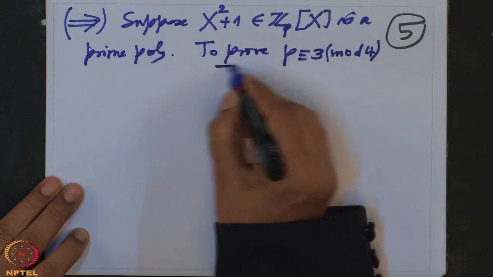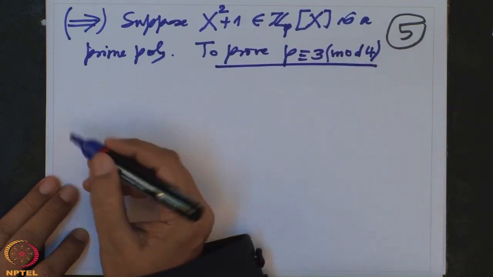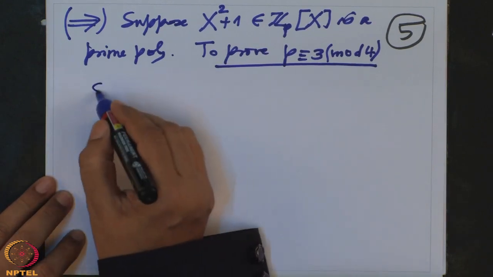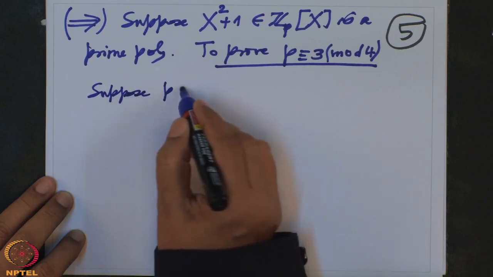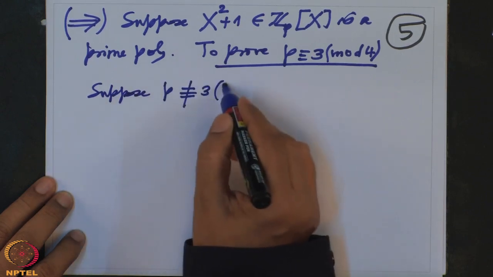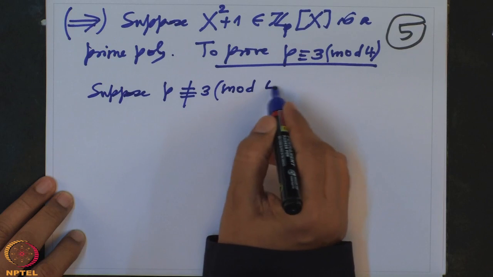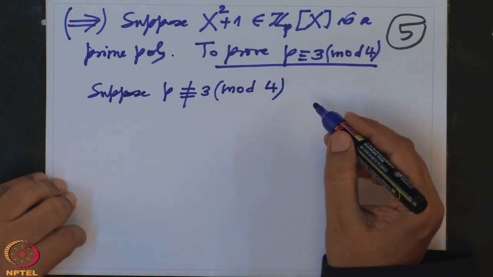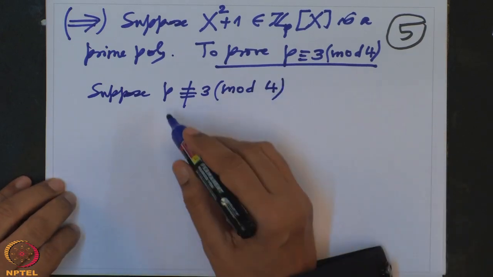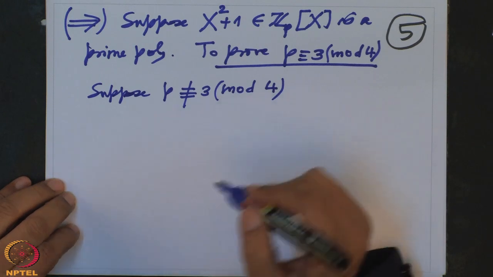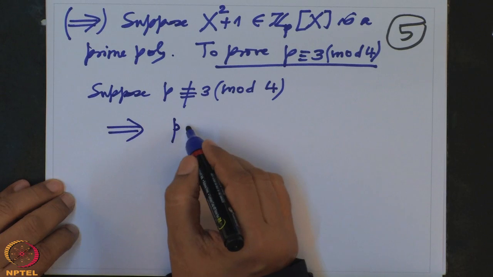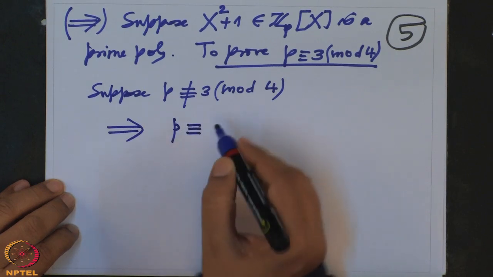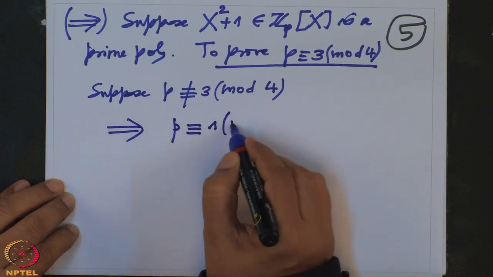This is what we want to prove. So suppose not. Suppose p is not congruent to 3 mod 4. So what are the possibilities for p? Then p cannot be congruent to 2 mod 4 because p is a prime number. So therefore the only possibility is p has to be congruent to 1 mod 4.